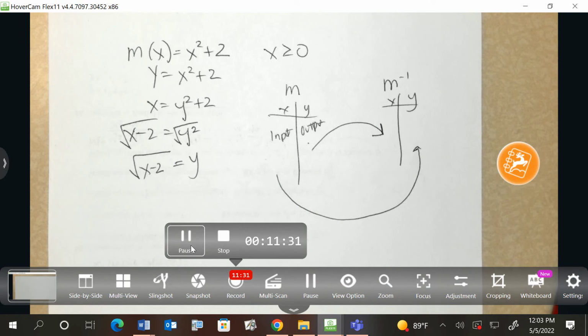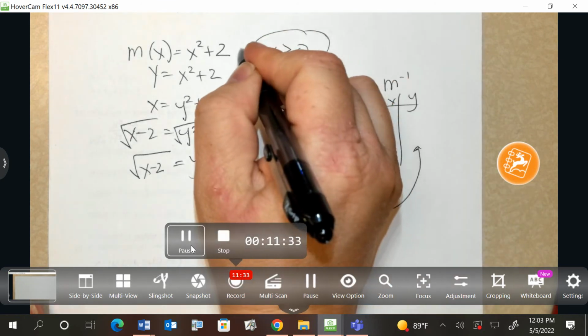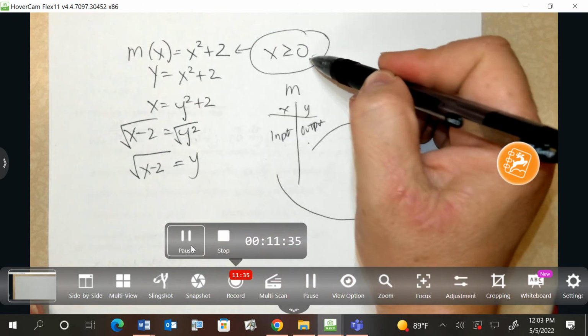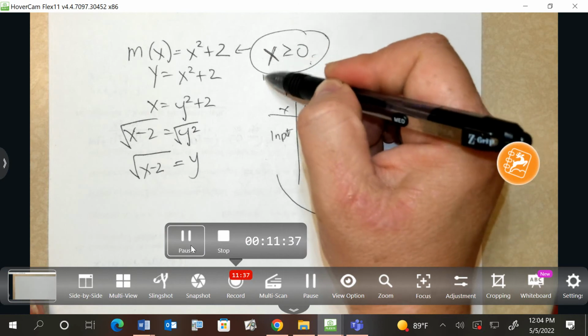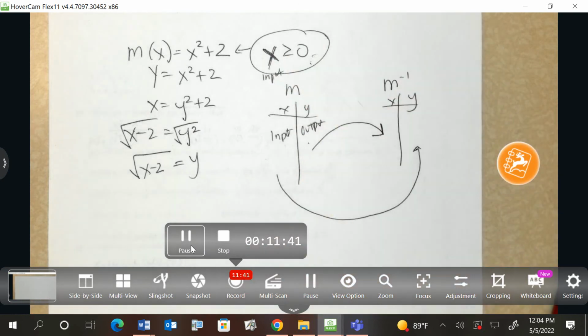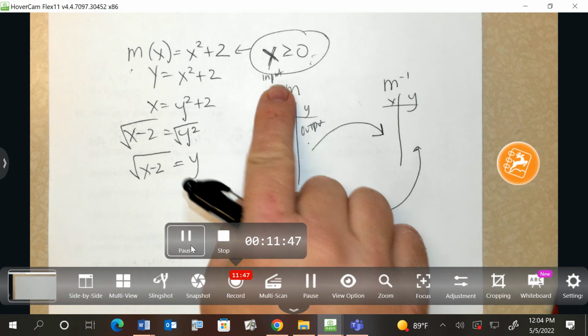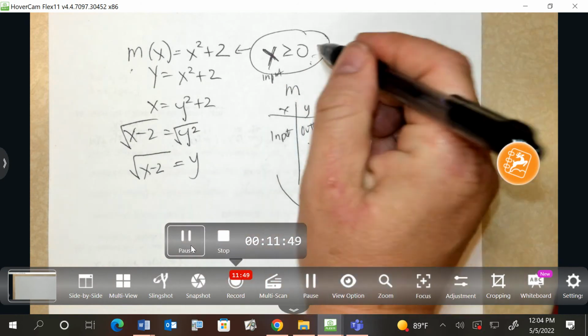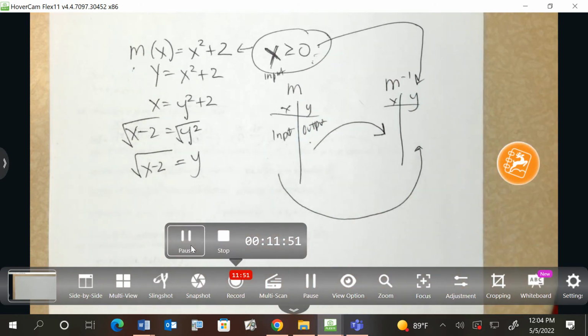So keep that in mind. So when you see this, it's linked to the original, so this is x, this is my input. Maybe if you have the paper in front of you right now, where it says x is greater than 0 on the paper, write input there. So that's input of the original. So input of the original becomes the output of the inverse.